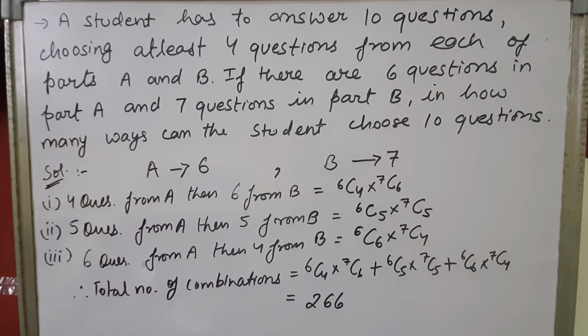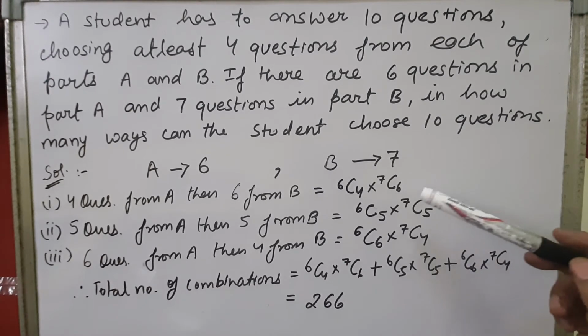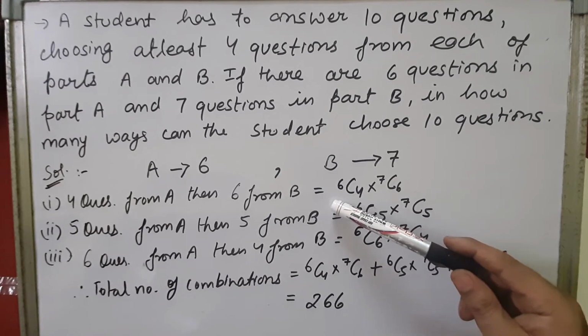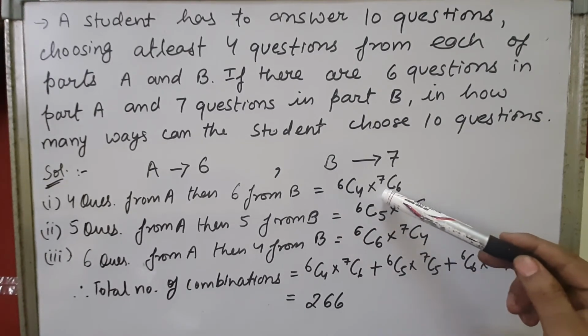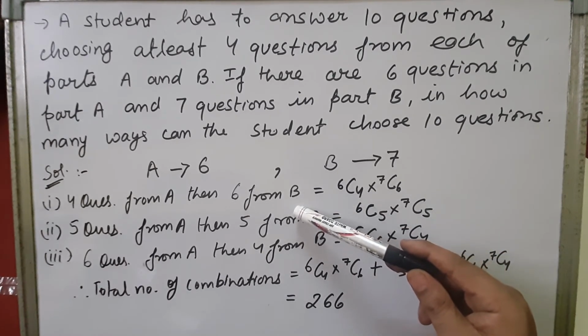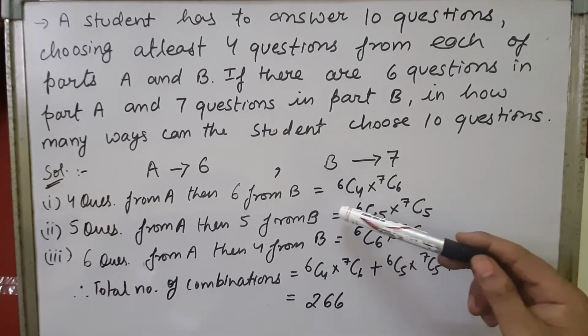Right. So the number of selections of questions, if we have selected 4 from A, and A has 6 questions, the number of combinations will be 6C4, into B has 7 questions and the student has to select 6 questions from part B, so 7C6.